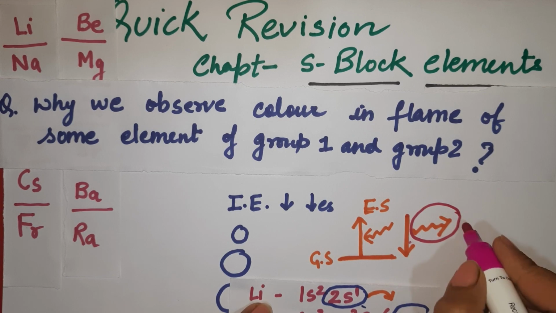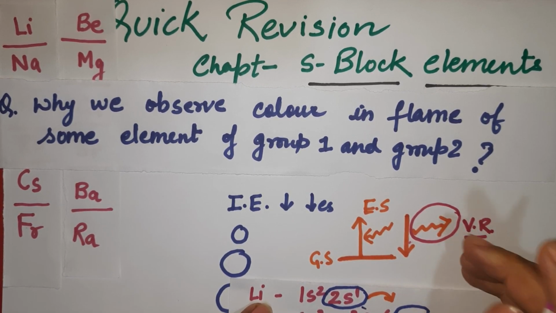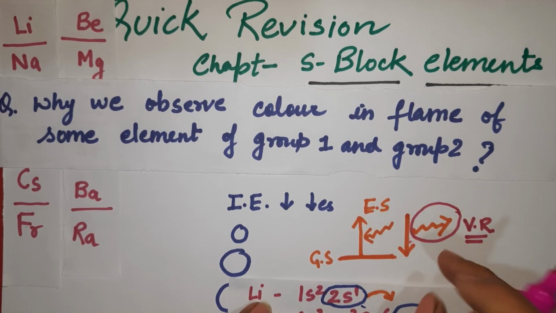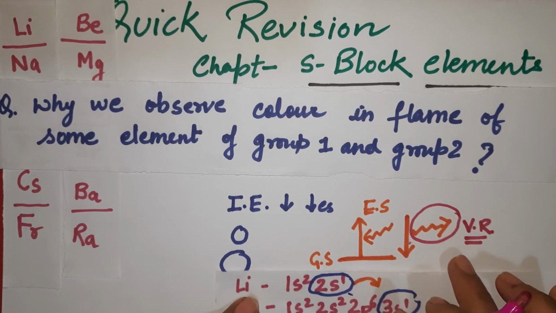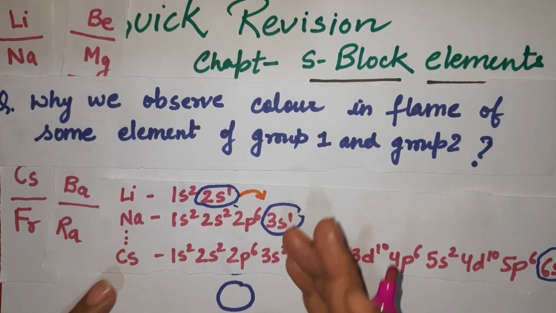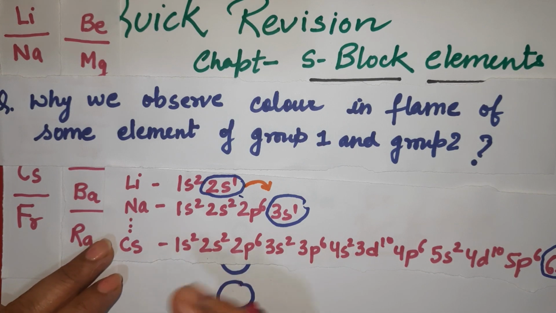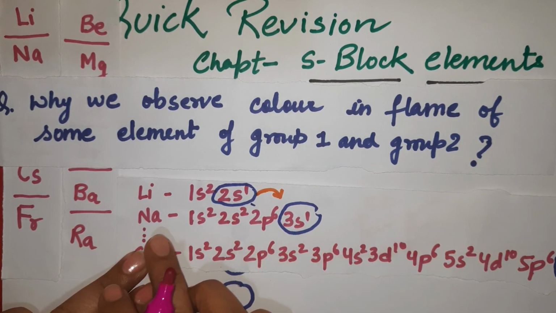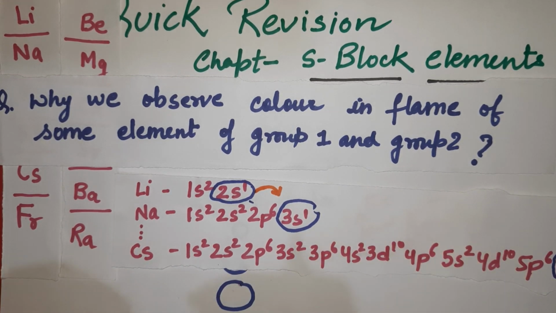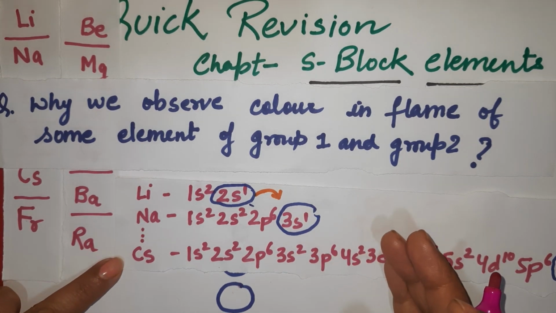This amount of energy lies in the visible region, and this energy we can see. This amount of energy absorption is different for different elements. Lithium absorbs and releases a different wavelength of energy, and sodium releases a different wavelength too. So the color changes with the difference in wavelength.